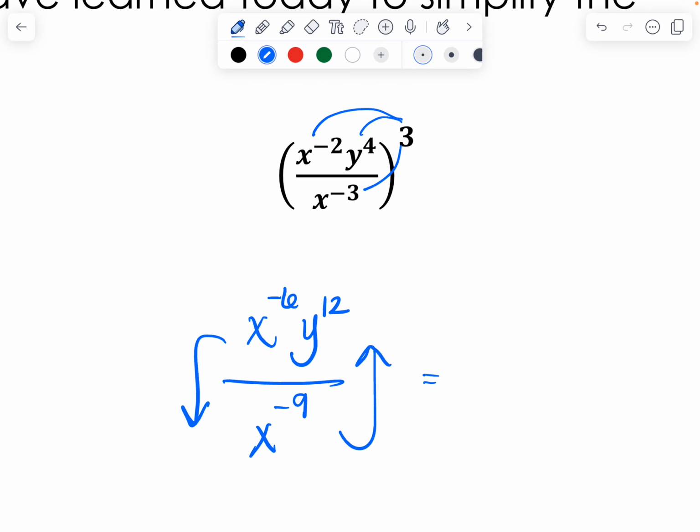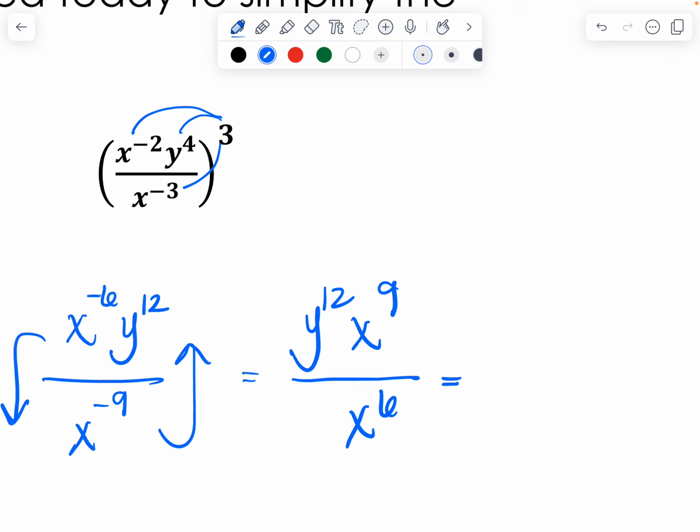And the y to the 12th stays right where it is because that 12 is positive, so it doesn't have to move. All right, so now I'll have y to the 12th times x to the 9th. That 9 becomes positive because it came up top, over x to the 6th. That became positive because it bumped down to the bottom.